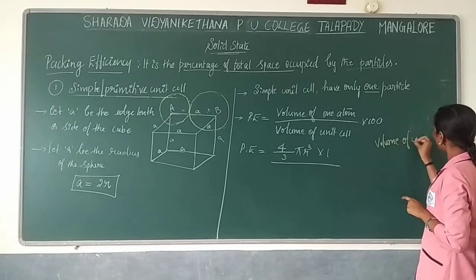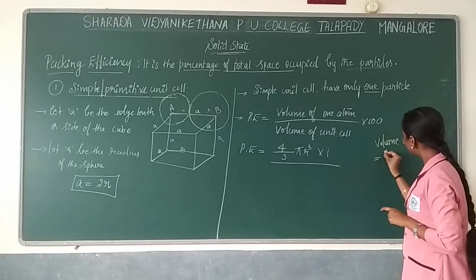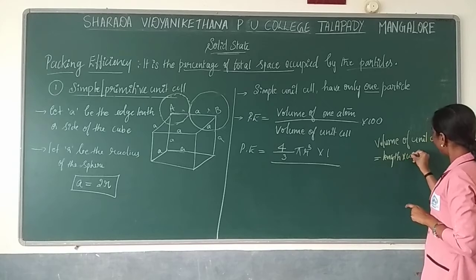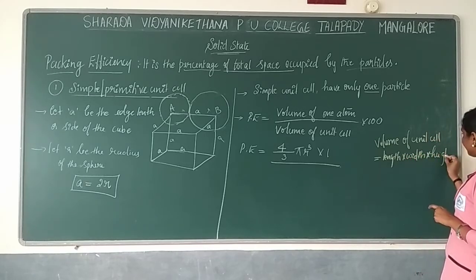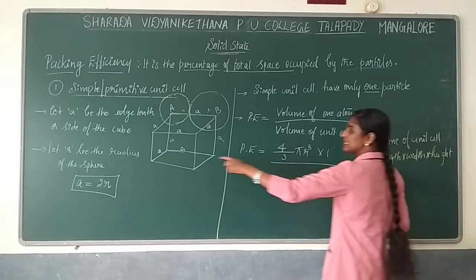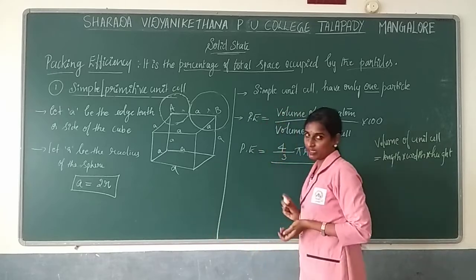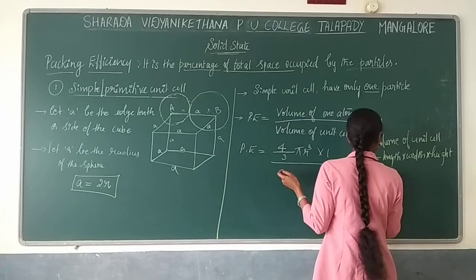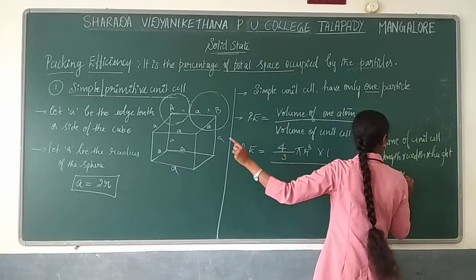Okay. So the volume of the unit cell is equal to length into width into height, right? Length is mentioned with a. So length is a. What is width? Width is also a.